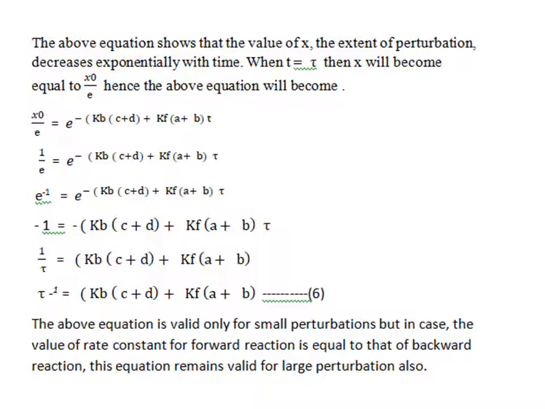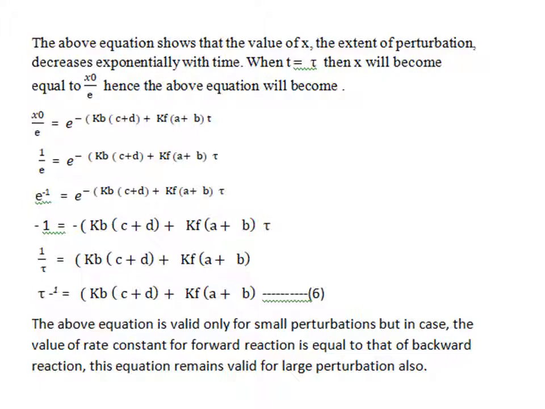That will become 1 over e is equal to e raised to minus kb into c plus d plus kf into a plus b into tau, or e inverse is equal to e to the minus kb into c plus d plus kf into a plus b into tau, or since bases are same, we can write minus 1 is equal to minus kb into c plus d plus kf into a plus b into tau, or 1 over tau is equal to kb into c plus d plus kf into a plus b, or tau inverse is equal to kb into c plus d plus kf into a plus b.